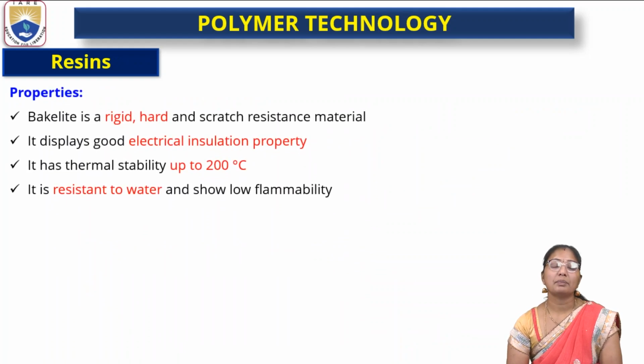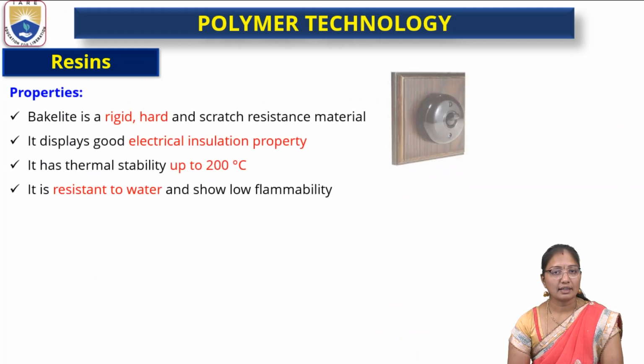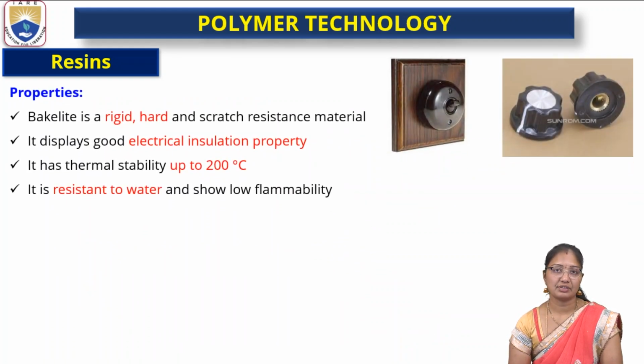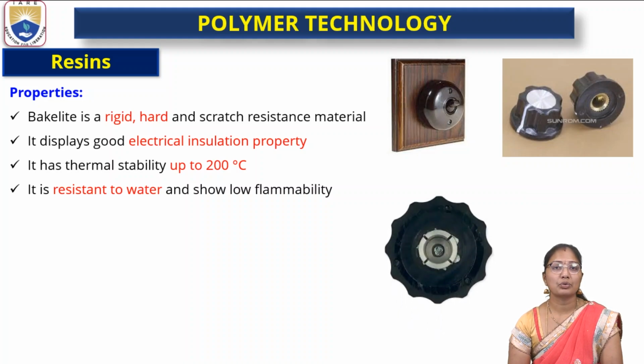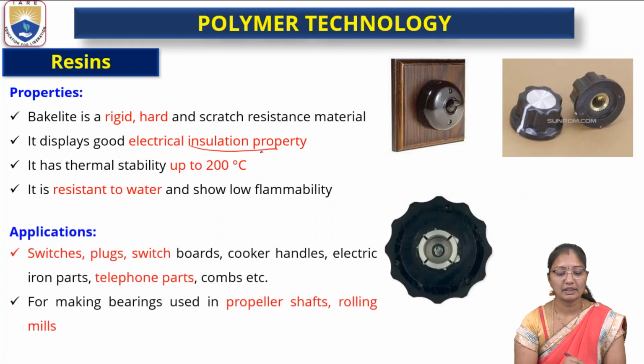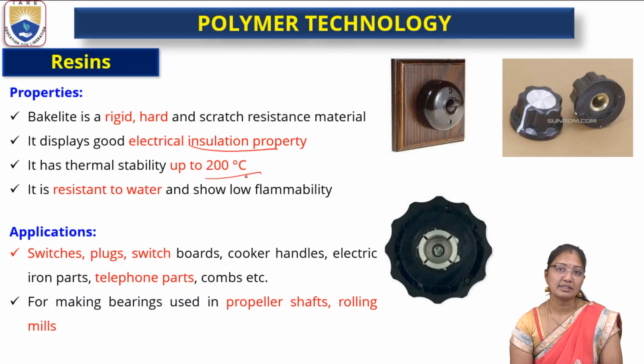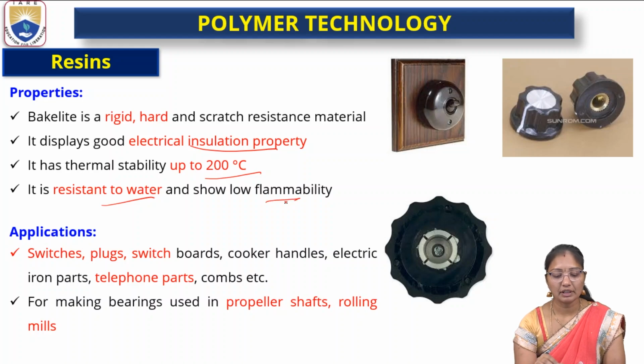What are the properties of resins? Resins are rigid, hard and scratch resistant materials. They display good electrical insulation properties. They are thermally stable up to 200 degrees, resistant to water, and have low flammability. These are the properties of bakelite.